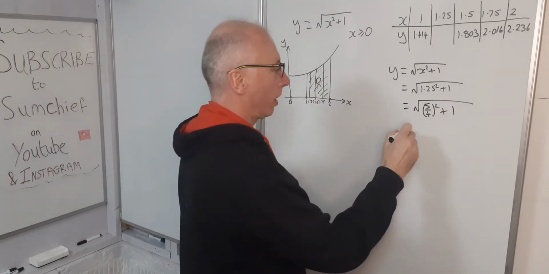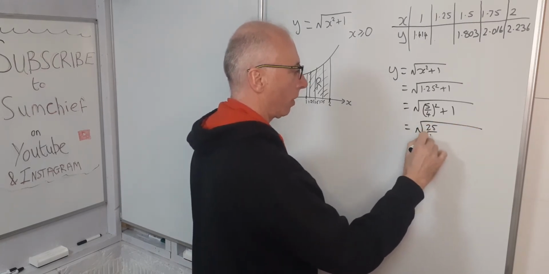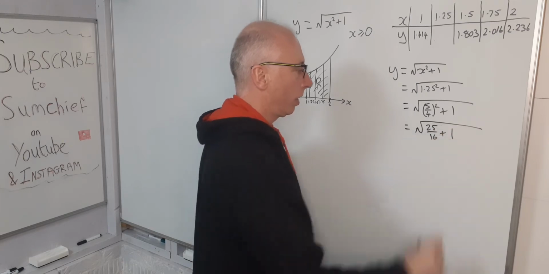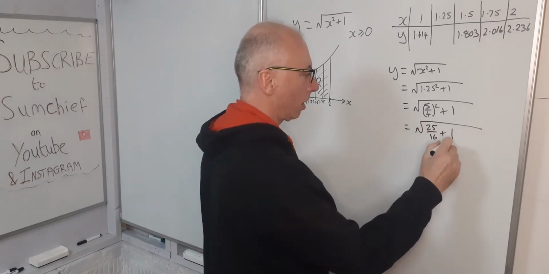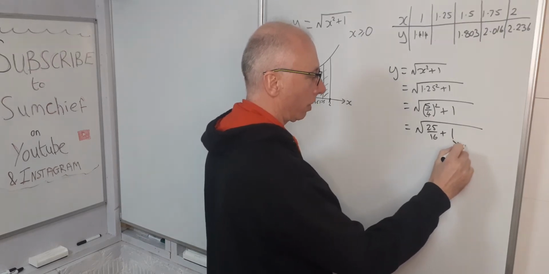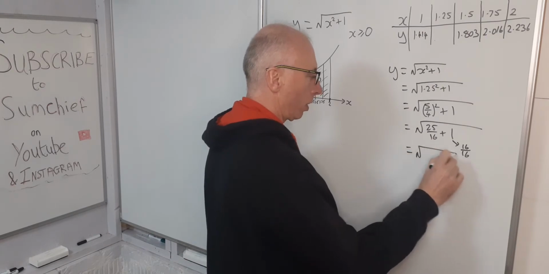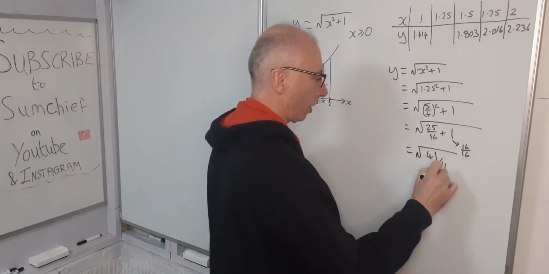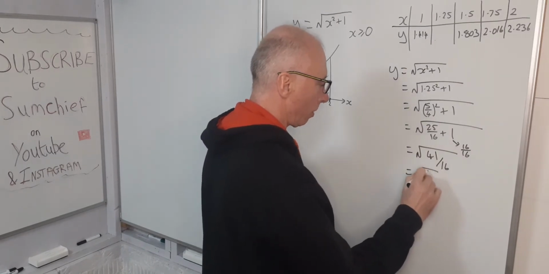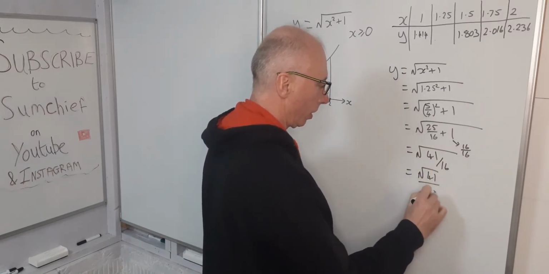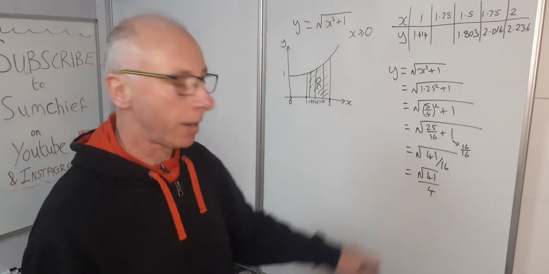So we square that, we get the square root of 25 over 16 plus 1, which is equivalent, if we put both over 16, so this here is 16 over 16, we end up with the square root of 41 over 16, which then simplifies even further to the square root of 41 over 4. Basically take the square root of top and bottom, and that's what we get.